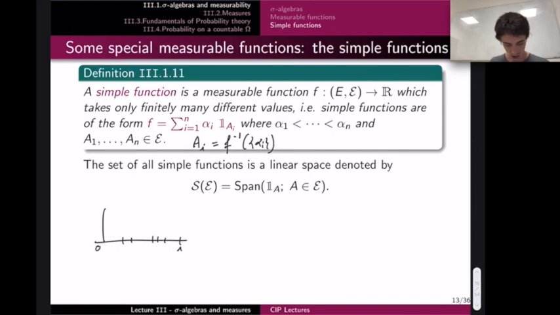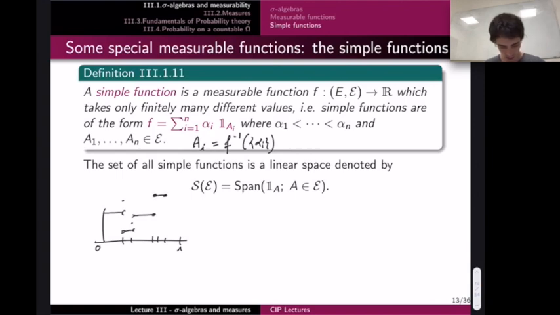So here it will take a constant value on this interval. Maybe here it will take another value. And here, between these two points, again a different value. Maybe here another value. And then maybe it will go like this. Okay, and then like this, I don't know.